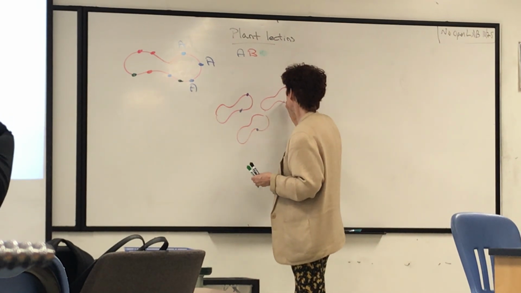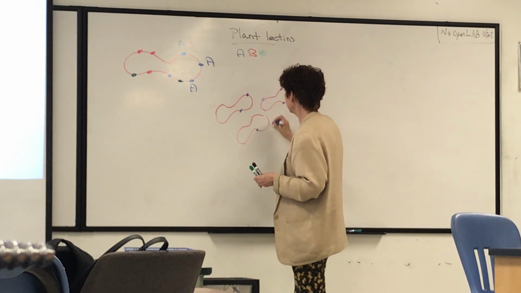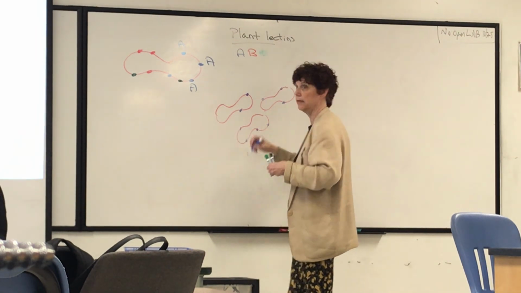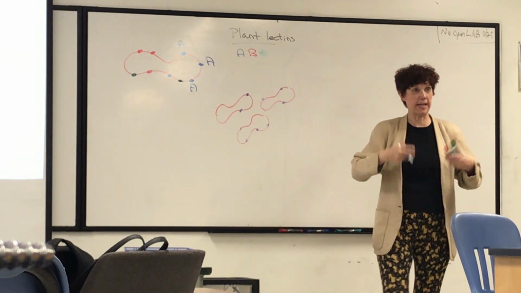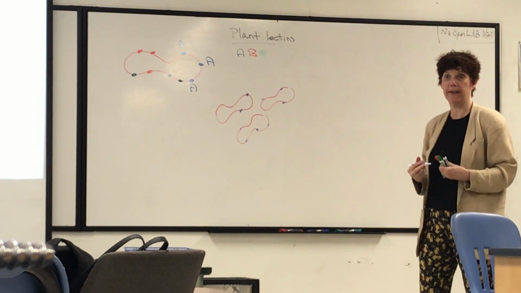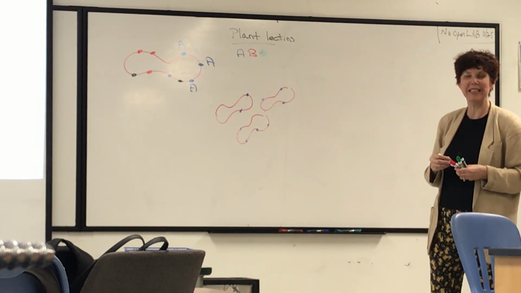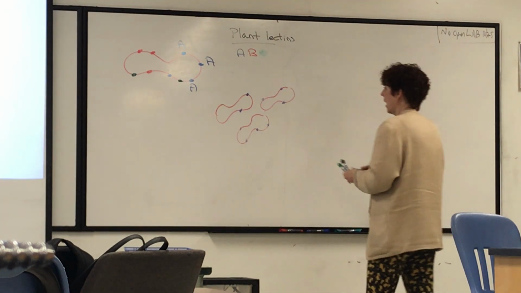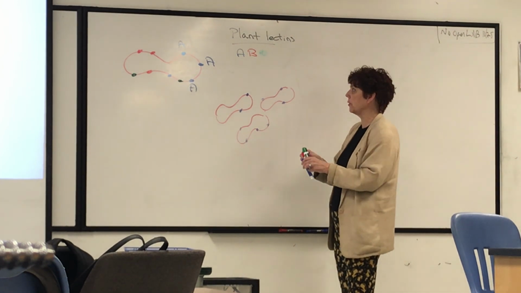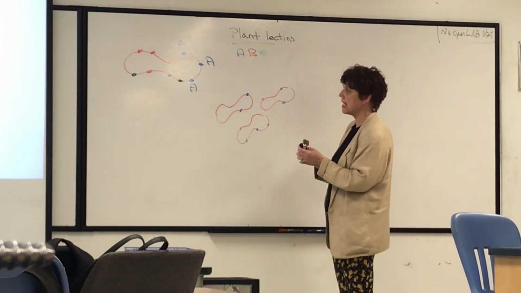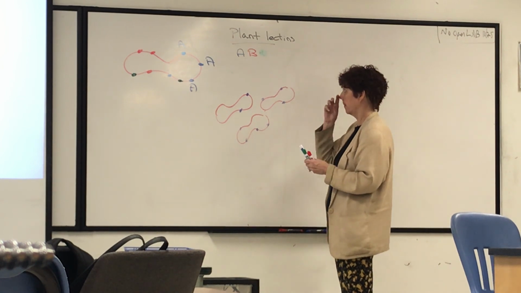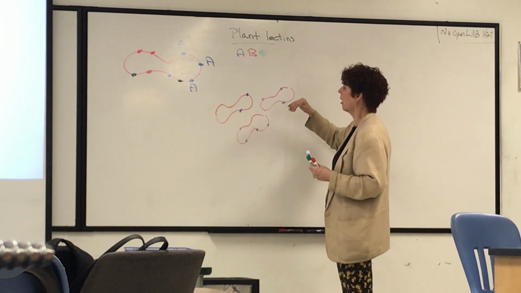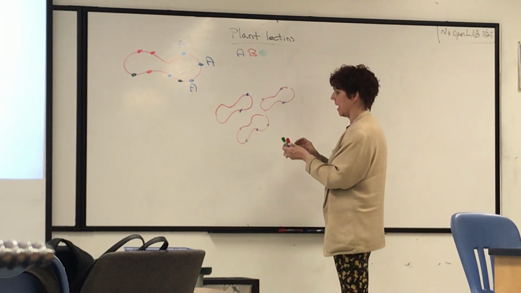And this person does not have any A antibodies because their immune system has recognized that A antigen as a self-antigen and therefore hasn't mounted an autoimmune response. And then we introduce blood that has B antigens.